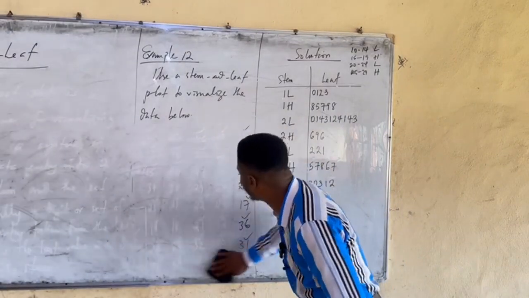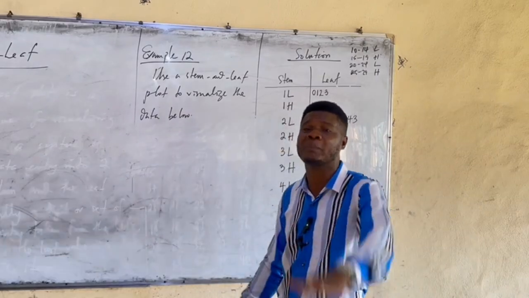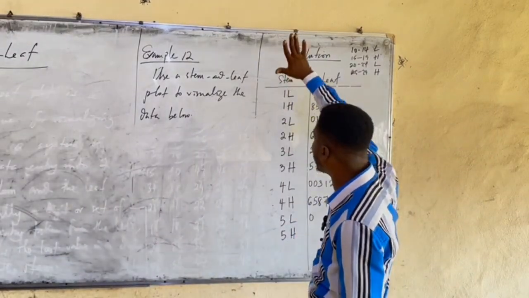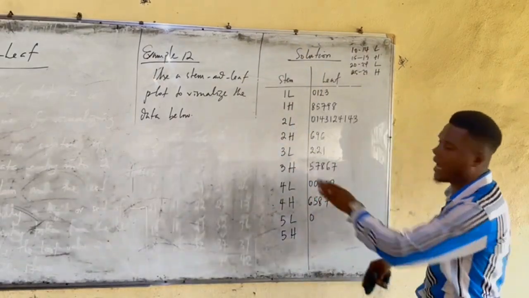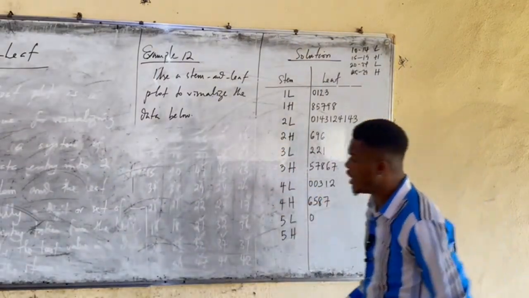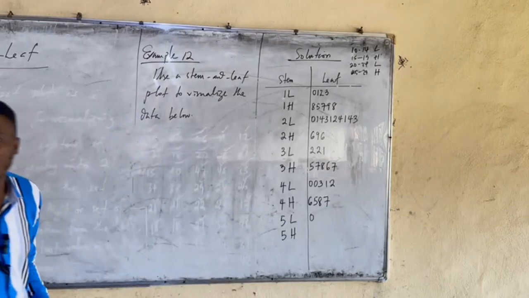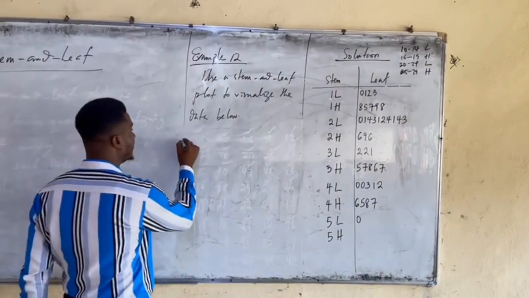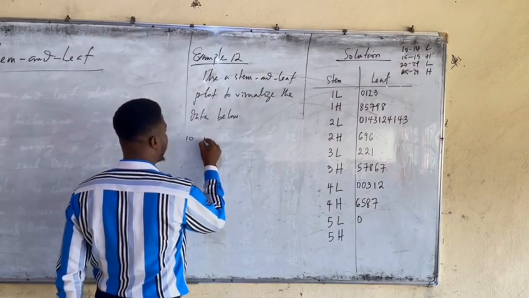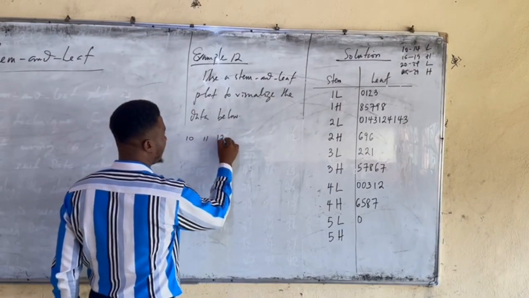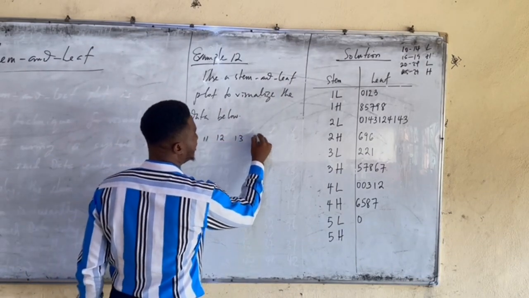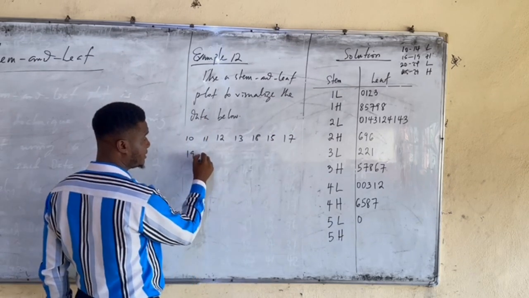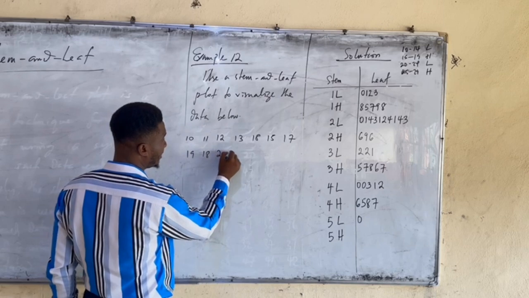So the first advantage of stem and leaf is that it preserves the data undiluted. It preserves the data in the sense that now I have cleaned up the data, is it not so? If you now ask me what values were in the data that produced this stem and leaf, I will just come over and tell you 10, 11 was there, 12, 13, 18, 15, 17, 19, right? 18, 20, 21.